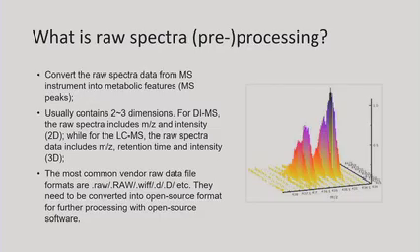We don't know what's going on inside. If we want to use open source software, which is usually better than the commercial one because everything is open and has been contributed to by developers over many years, we have to convert the data into an open source format. Converting the data format into an open source format is the first step for raw data processing.